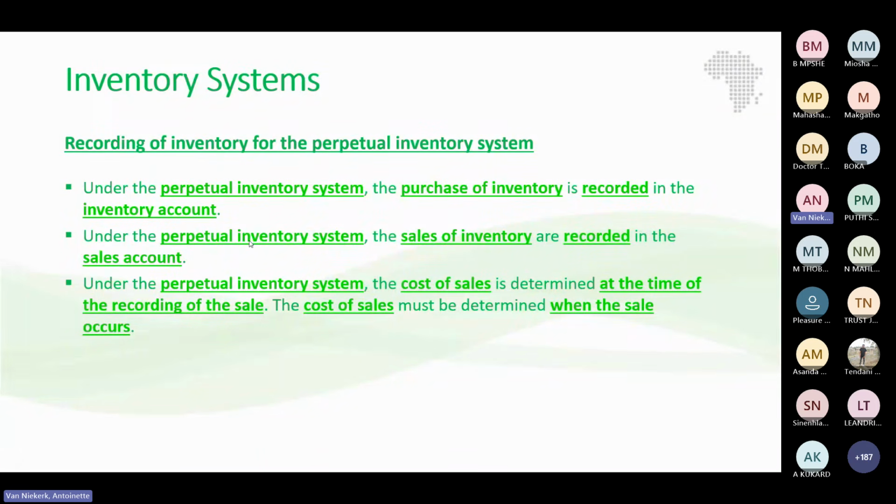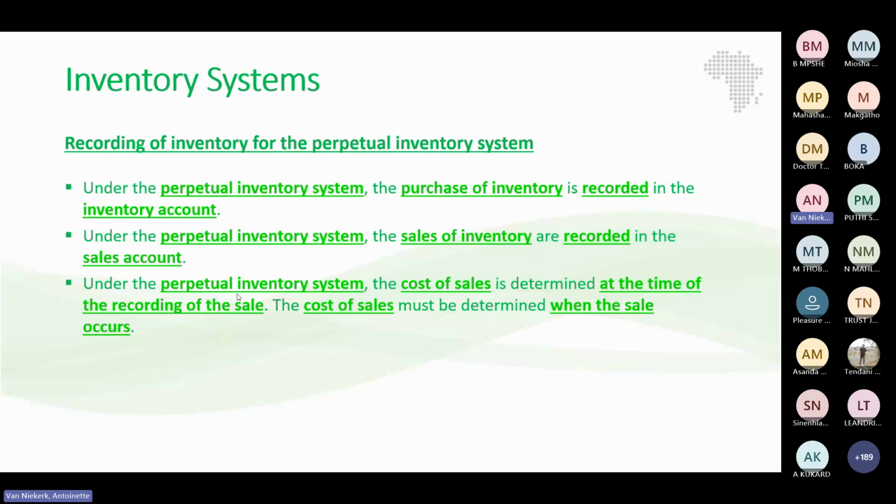Still under the perpetual inventory system, the sales of inventory are recorded in the sales account. So you are still using the sales account. However, we will now bring in the inventory and the cost of sales accounts.